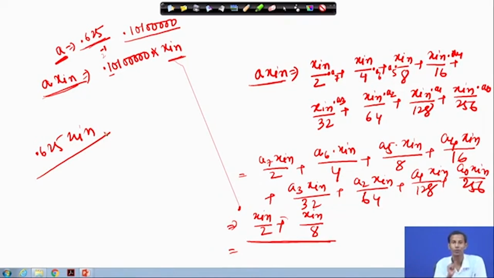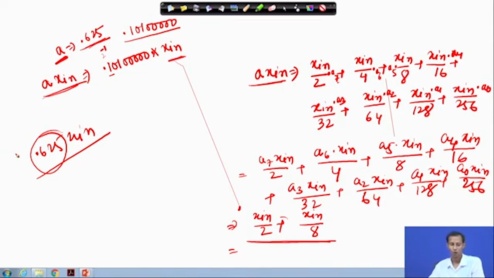For these 8 terms I would need 7 addition operations, but as this number is fixed, I require only one addition operation. So, the rest of the 6 I do not have to do. That means for this constant multiplication, I can get area optimization as well as power optimization, as we know this value from the beginning.